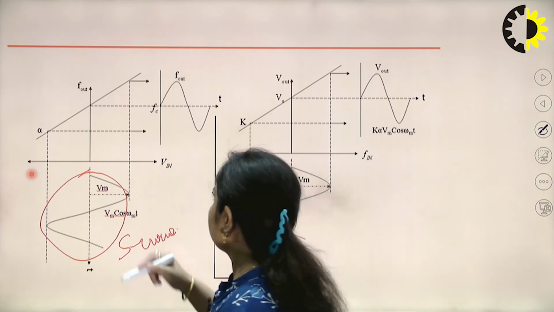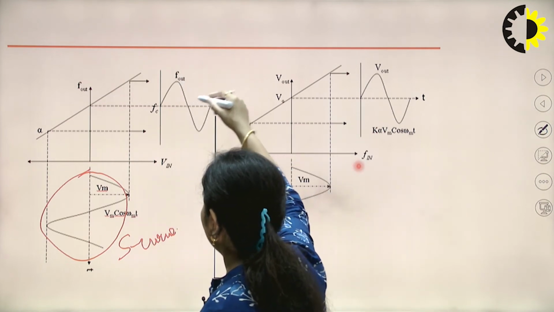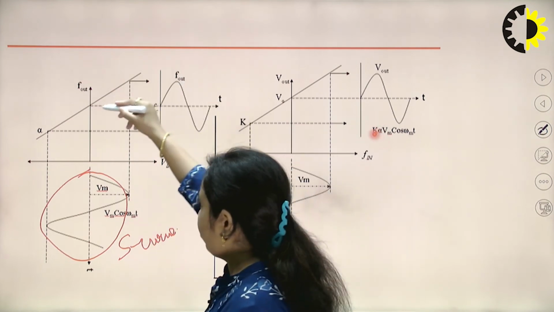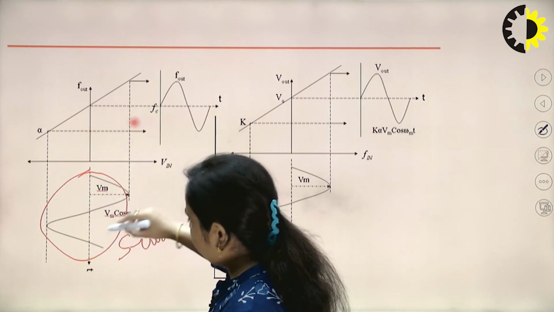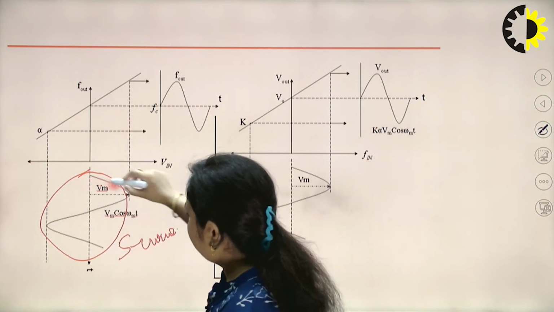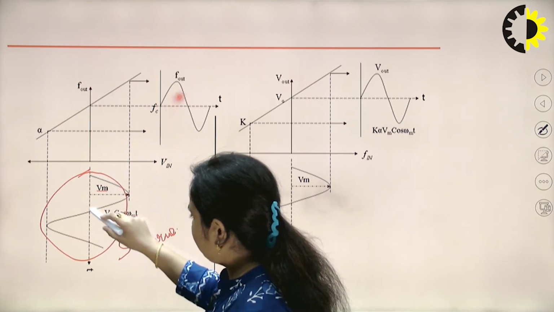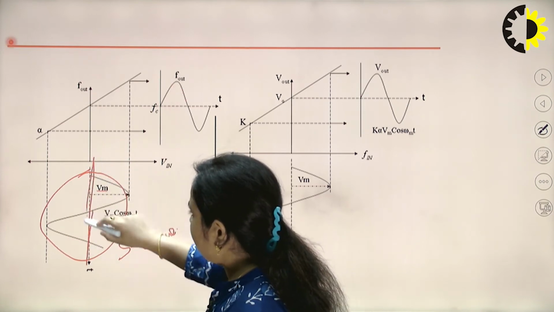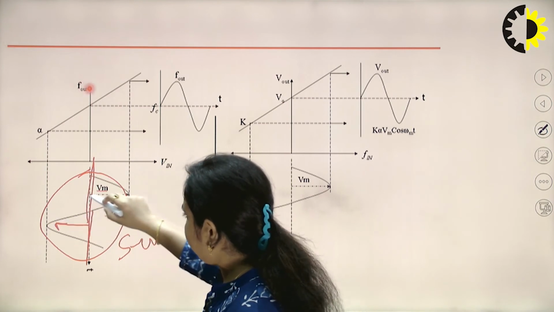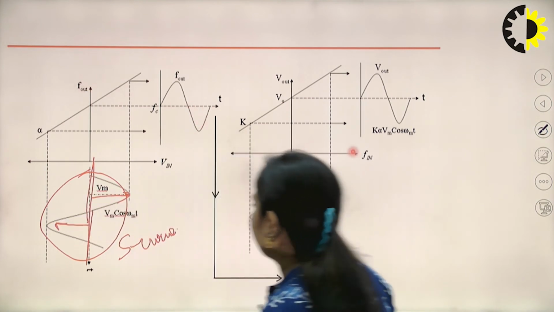In this case, as you can see, this is the F output, this is the center frequency. Corresponding to that, there is a graph drawn, and this is how the carrier swing will be. This means the carrier swing will be from the center frequency, it will move to the positive side and to the negative side.